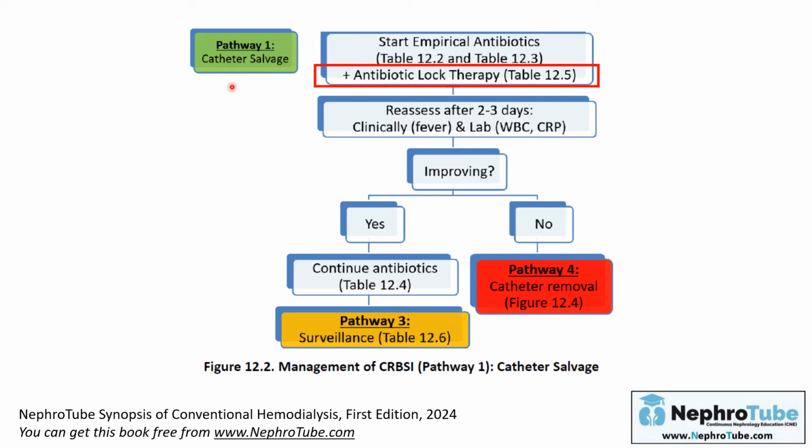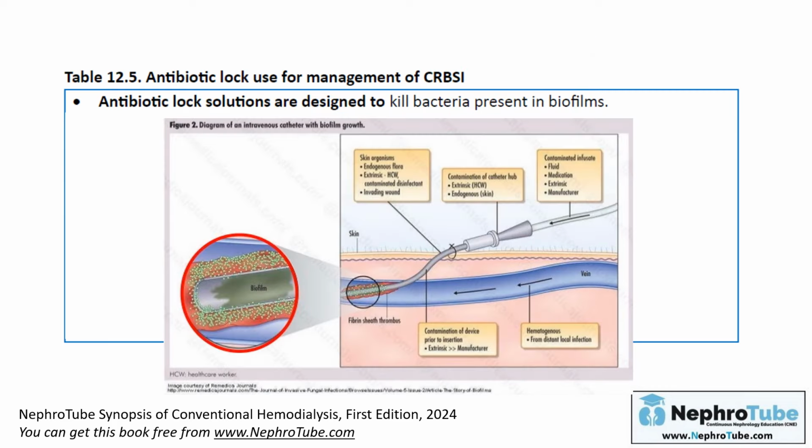Back to the catheter salvage pathway, we now mentioned and discussed how to start empiric antibiotics. Now, what about the antibiotic lock therapy? Antibiotic lock solution is mainly designed to kill bacteria present in biofilm.